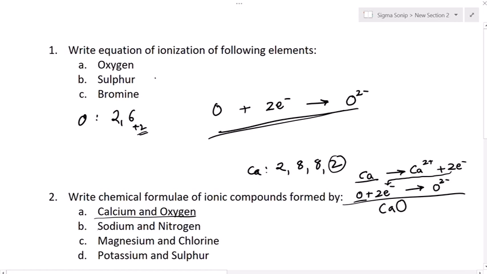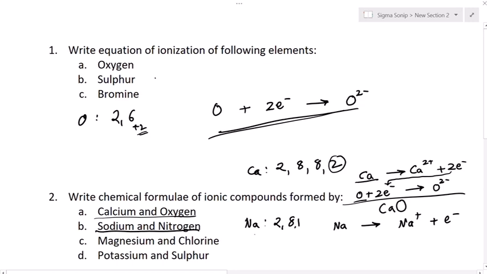Next thing, we can look at sodium and nitrogen here. Sodium, we already saw, has a configuration of 2, 8, 1, and therefore sodium would gain a full octet in its valence shell by giving up this electron. So we have sodium giving up its electron like this and forming an ion with a single positive charge.